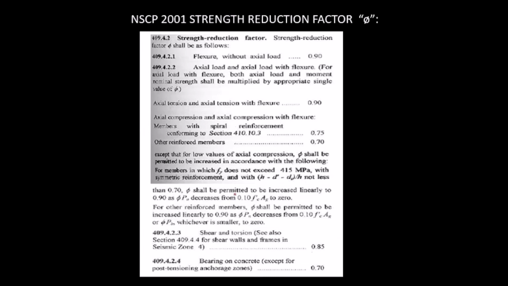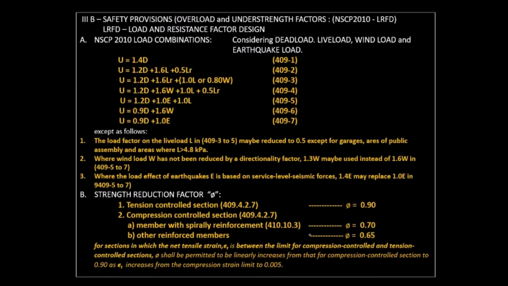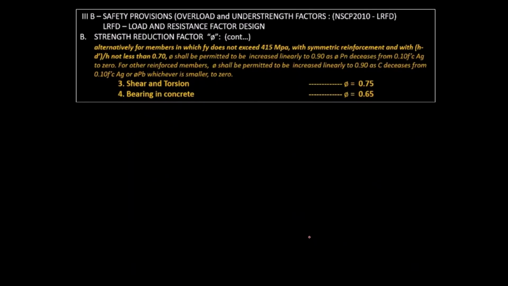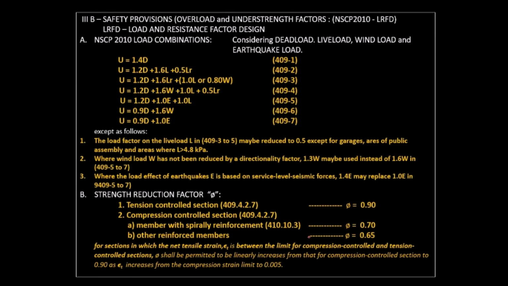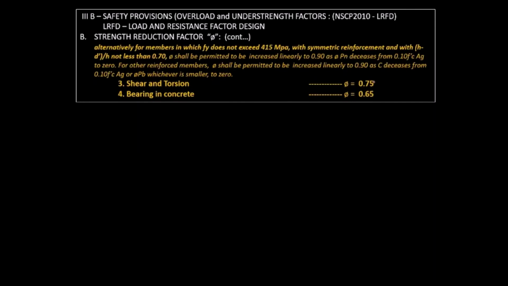Okay. Then, meron tayo ng strength reduction factor na 0.90, 0.90, 0.75, 0.70, 0.85, and 0.70. Ito, 2001, 0.85, and 2015, that is 0.75. Pag nagkaroon na kayo ng NSCP 2015, tingnan nyo dyan, that is 0.75. So, this is for 2010. Makikita mo dito sa 2010, yung shear torsion, 0.75. Tama?